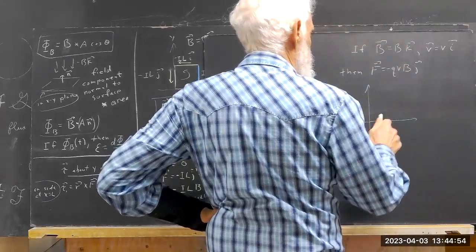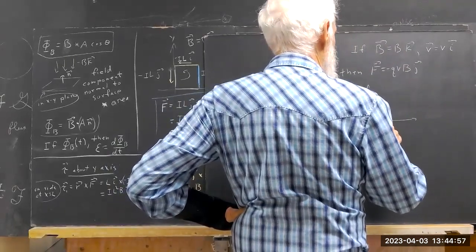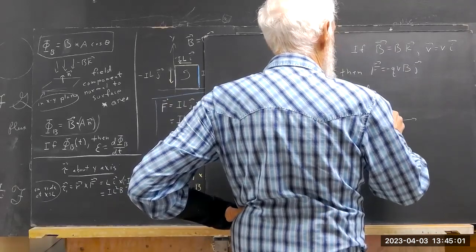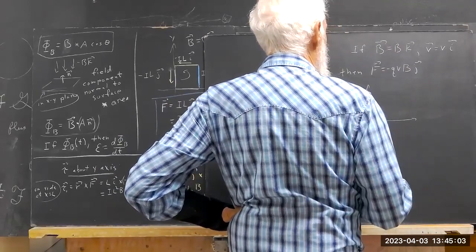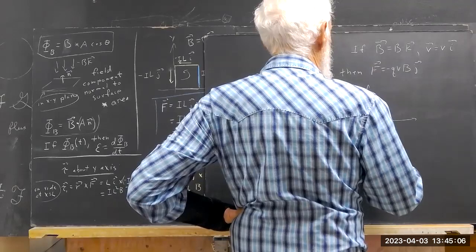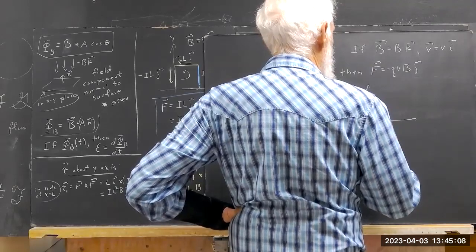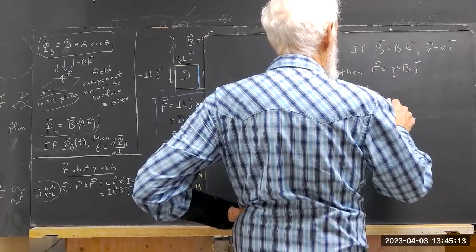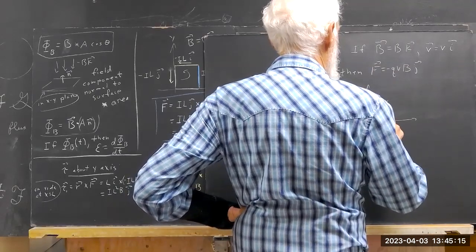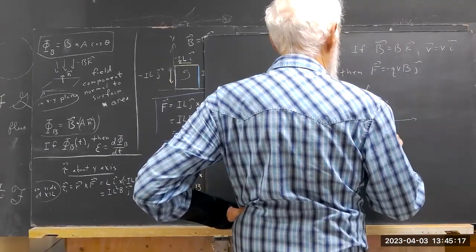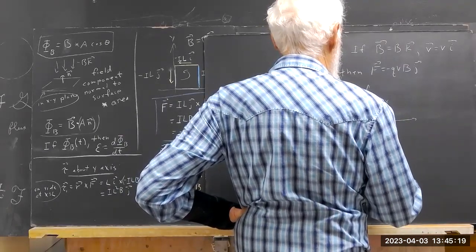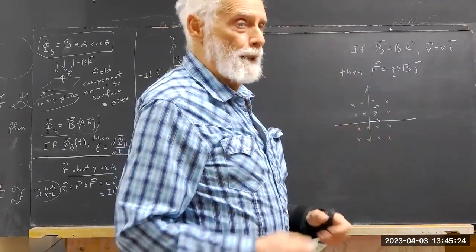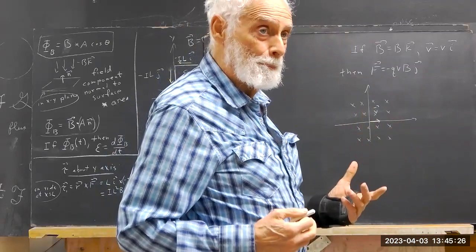So through B. And the magnetic field is coming out of the plane, that's how we depict the field coming out of the plane. Imagine an arrow going through a piece of paper.